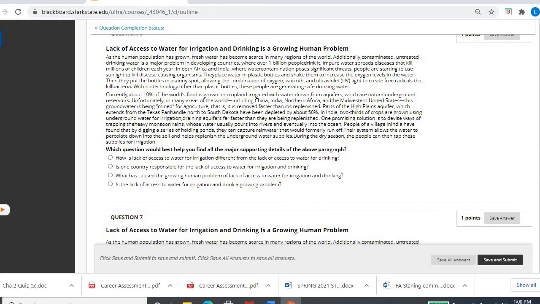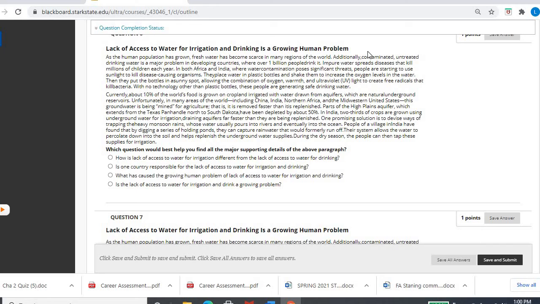All right, so this is echoing previous questions, like which question would best help you find all the major supporting details of this paragraph? So if we look at the topic, we know it's about water issues. If we look at the title, lack of access to water for irrigation and drinking is a growing human problem. So we know that that's what this is going to talk about.